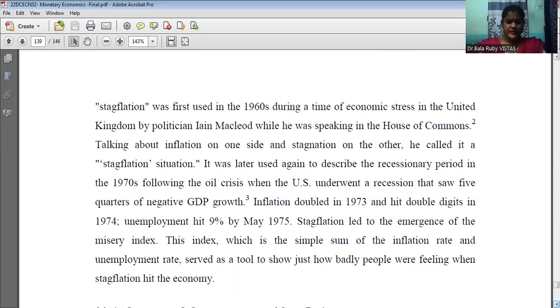Unemployment hit 9% by May 1975. Stagflation led to the emergence of the misery index. This index, which is the simple sum of the inflation rate and unemployment rate, served as a tool to show just how badly people were feeling when stagflation hit the economy.